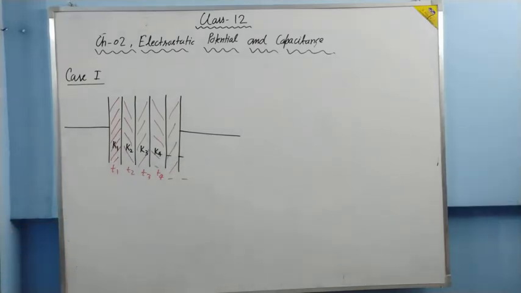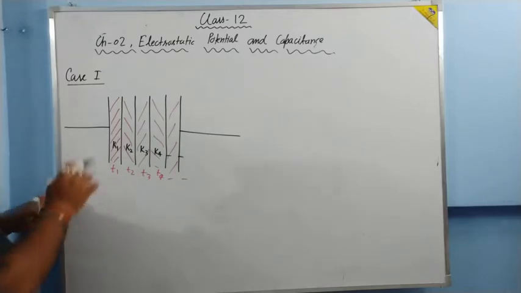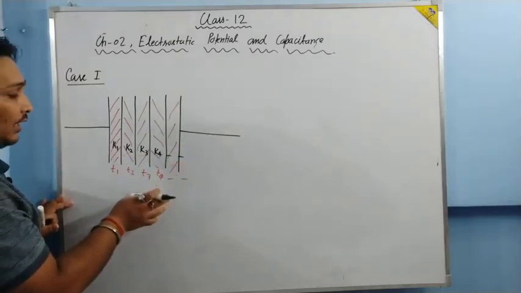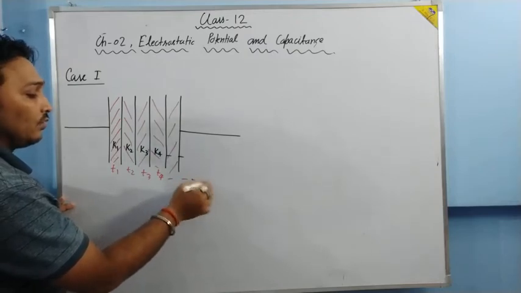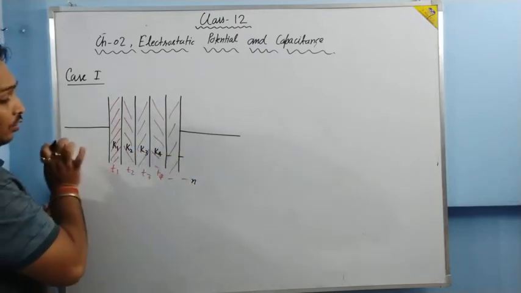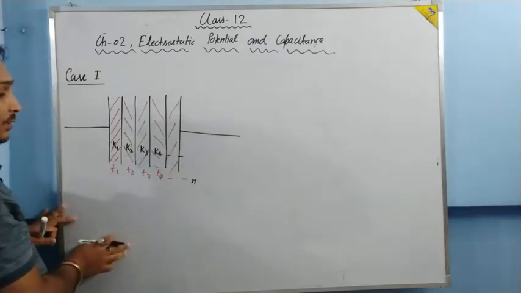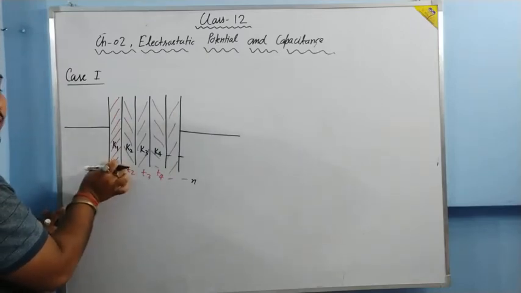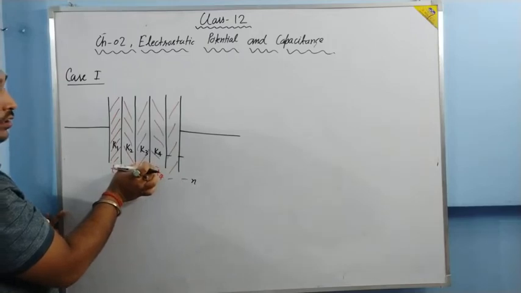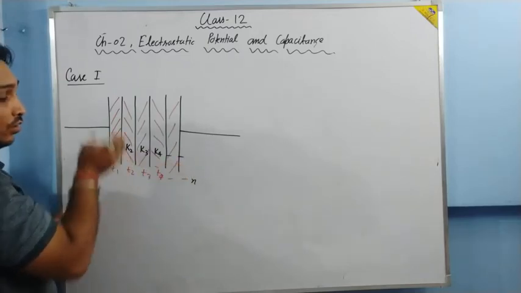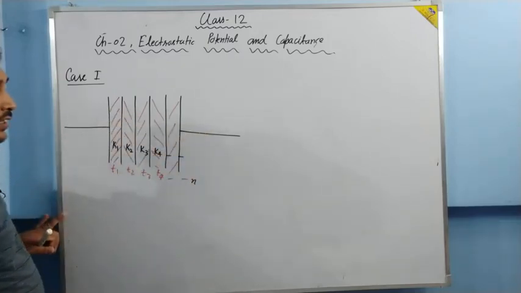How will we tackle this? We will see that this capacitor can be seen as a series combination of, suppose n dielectrics are there, n capacitors. This is the first capacitor filled completely with K1, this is the second capacitor, this is the third, this is the fourth, this is the fifth. So these capacitors are connected in series.